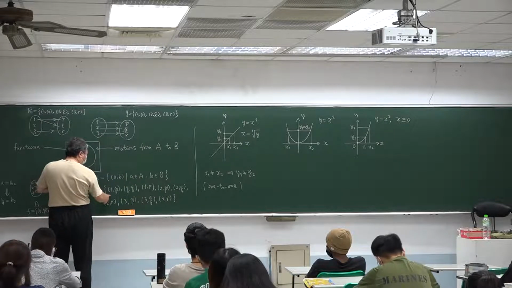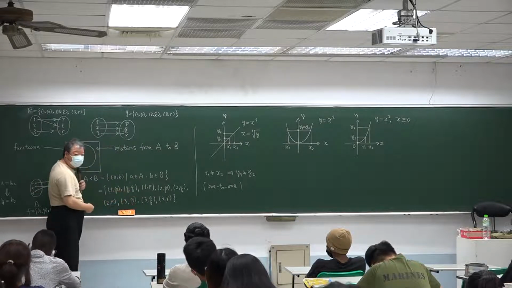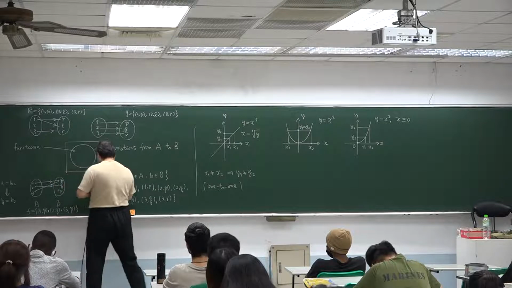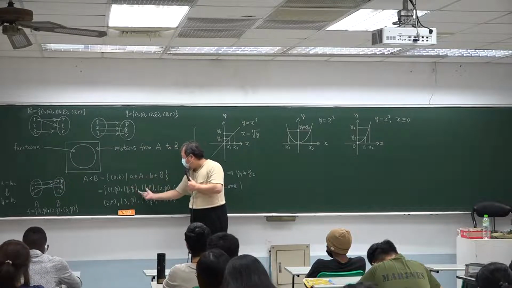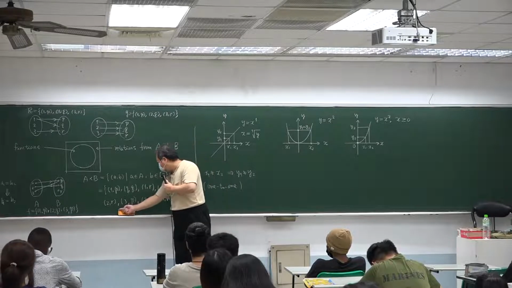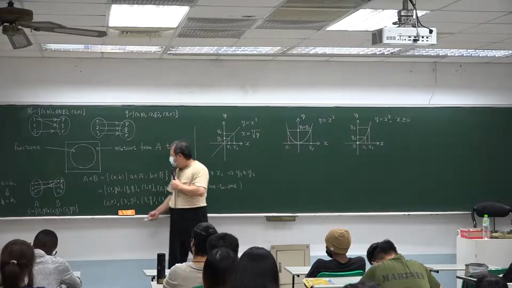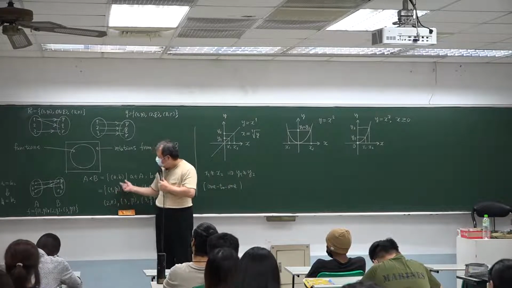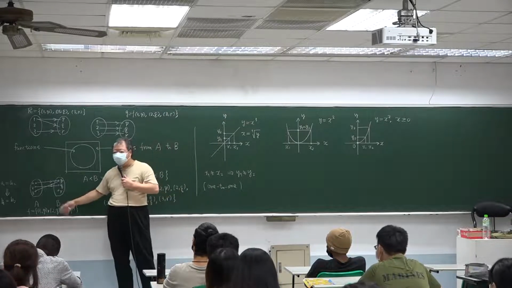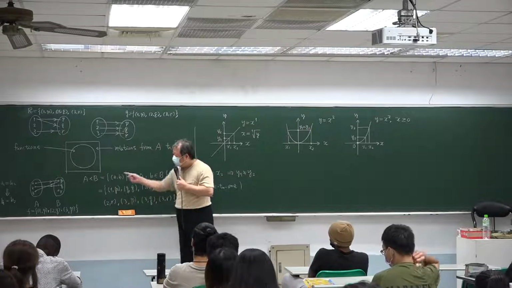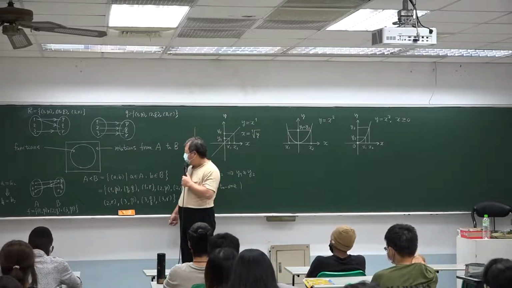There are 9 ordered pairs. Okay. 3 times 3, 9 ordered pairs. Here, 3, 6, and 9. Maybe this one is chosen, maybe it is not an element of some given relation.